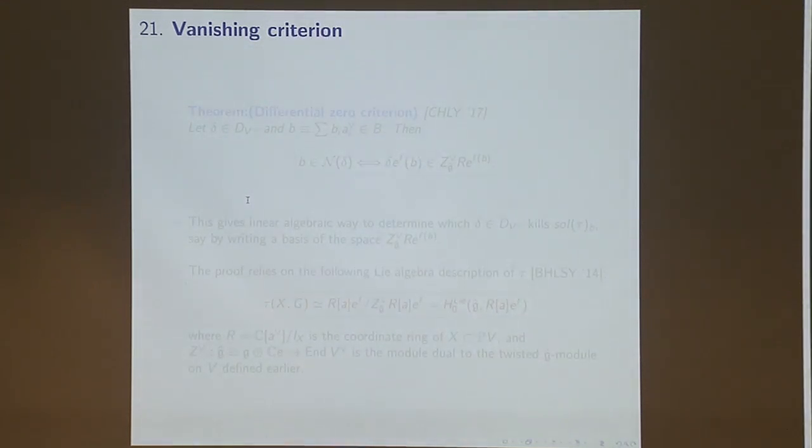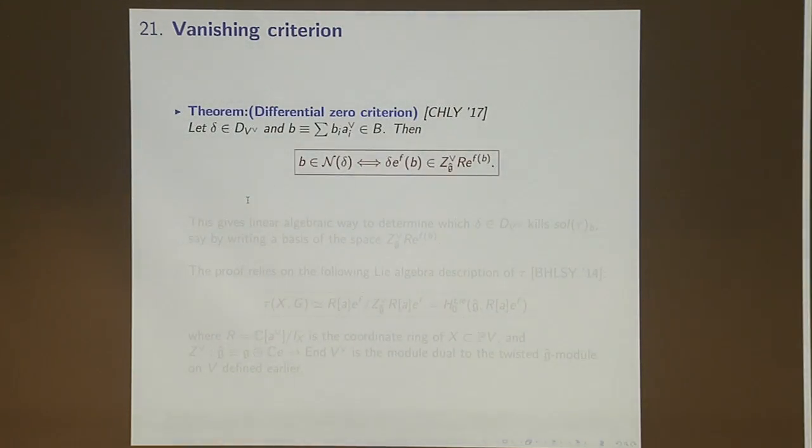Okay, so here's the vanishing criterion. How do you tell when a point is in this vanishing set of delta? Well, again, this is a recent result with Chen, Huang, and Yao.